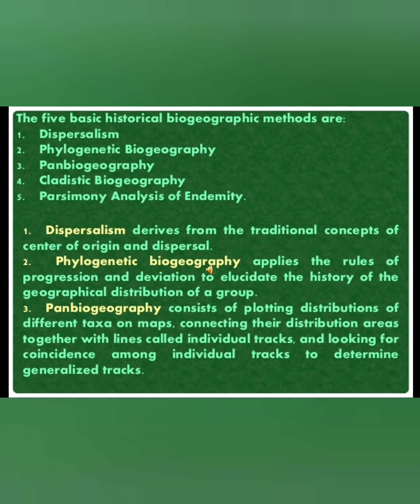Number 3, panbiogeography consists of plotting distributions of different taxa on maps connecting their distribution areas together with lines called individual tracks and looking for coincidences among individual tracks to determine generalized tracks.